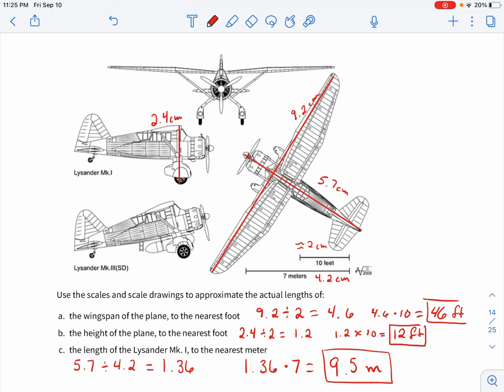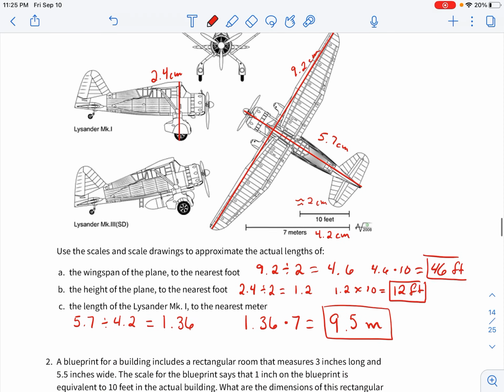So likewise, I have to see how many times 4.2 centimeters goes into 5.7 centimeters, and when you do that, you get roughly 1.36. So now that I know that, I have 7 meters 1.36 times. So you're going to multiply those together and come out with about 9.5 meters.